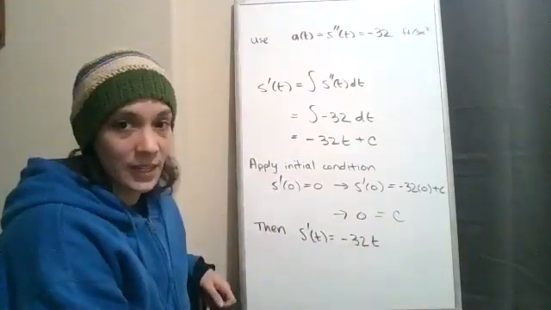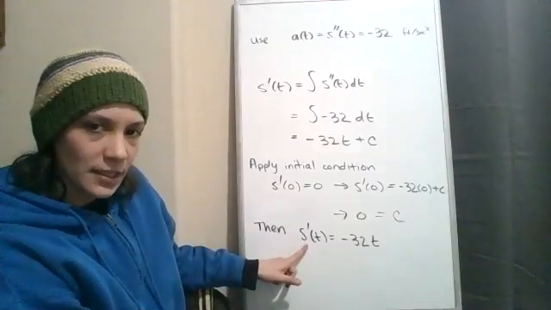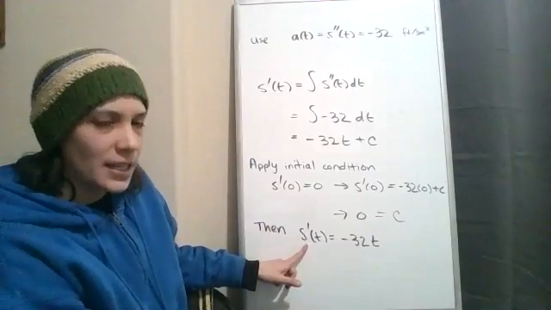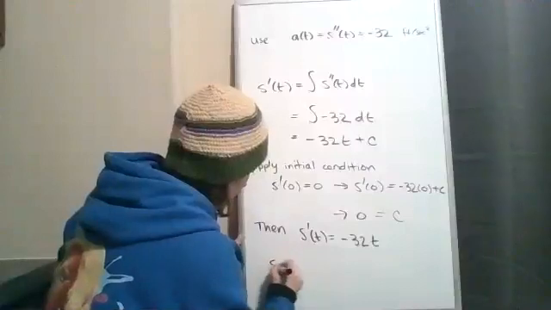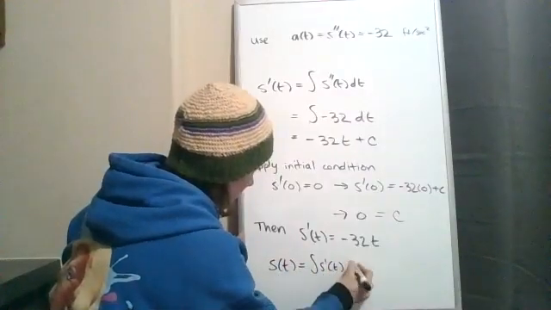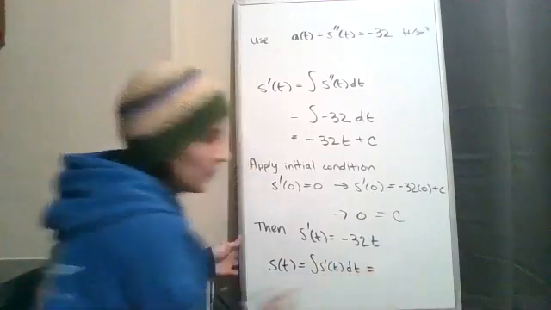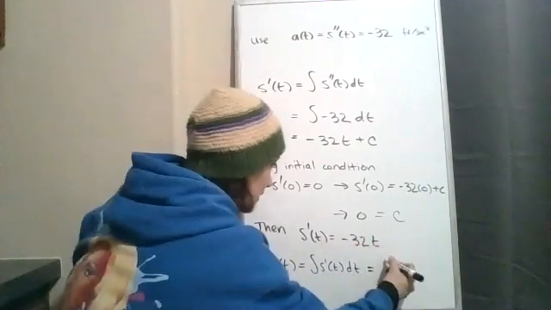All right, we need to find this function s of t. So let's integrate this, apply the initial condition, and I think we're done. Okay, the integral of negative 32t dt.